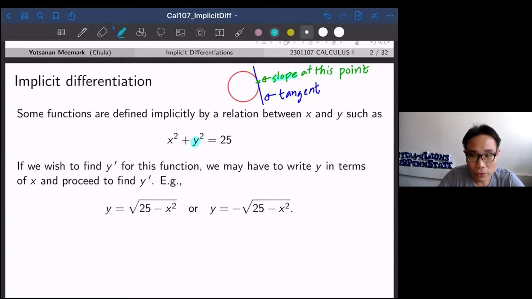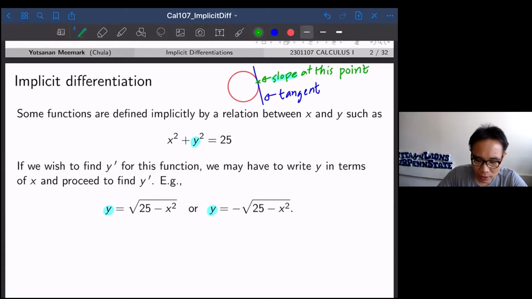So if you solve for y, it's gonna turn out to be y equal to square root of 25 minus x squared, or y can be negative of square root of 25 minus x squared. Okay, so what formula are we gonna use, depending on where we have the slope?